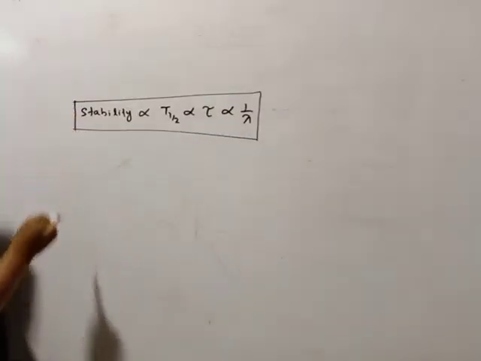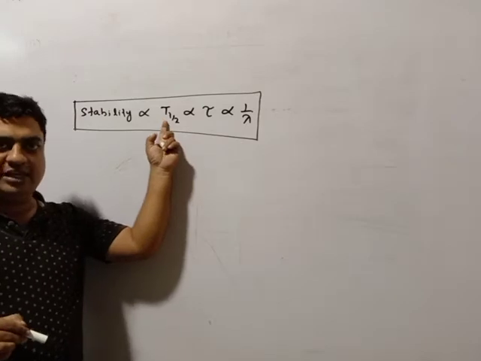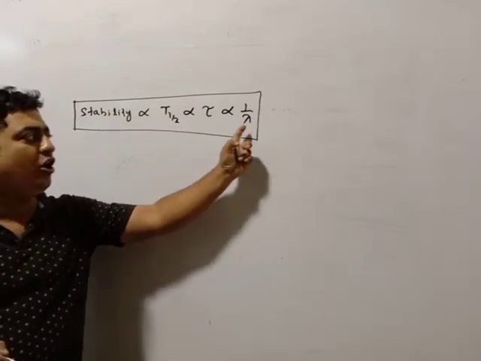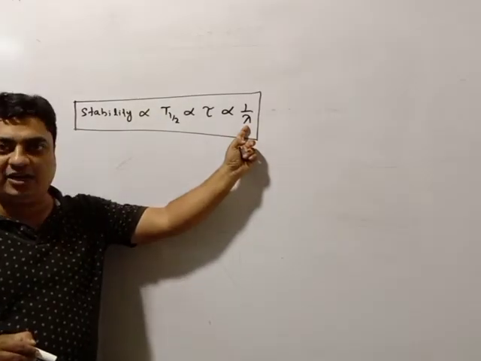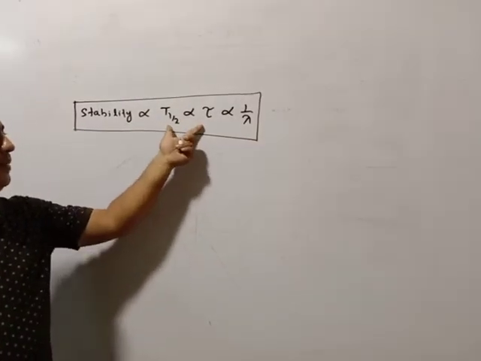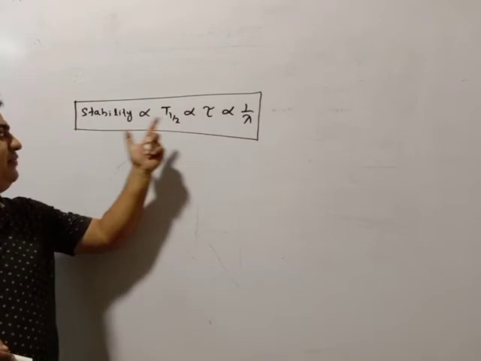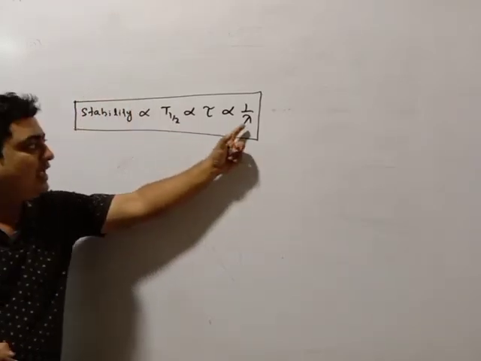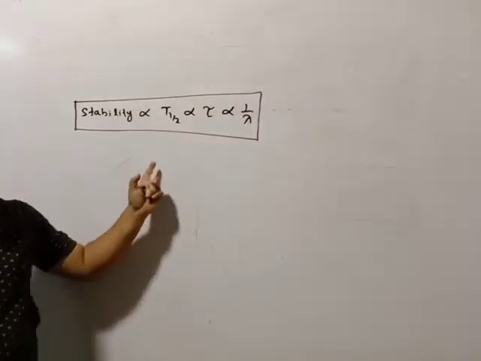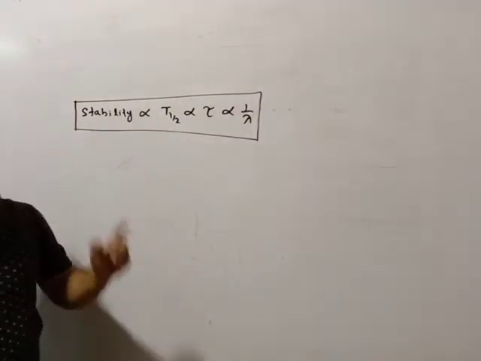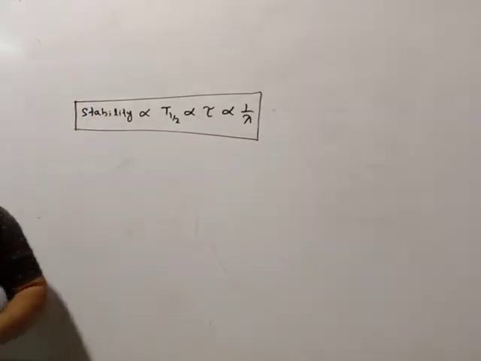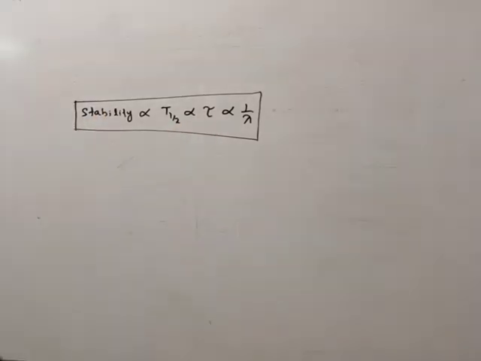So, a radioactive nucleus is more stable if it has a larger half-life or smaller decay constant. The more the half-life or mean life, the more the stability of the nucleus. If lambda is more, T half is less, then the nucleus is less stable. So, stability is measured in terms of half-life.